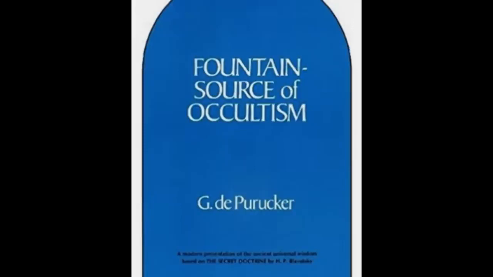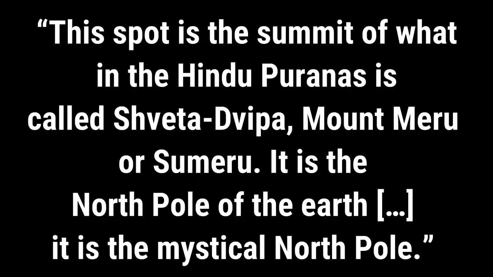In the fountain source of occultism, Paraka writes, this spot is the summit of what in the Hindu Puranas is called Shvetadvipa, Mount Meru or Sumeru. It is the North Pole of the Earth. It is the mystical North Pole.